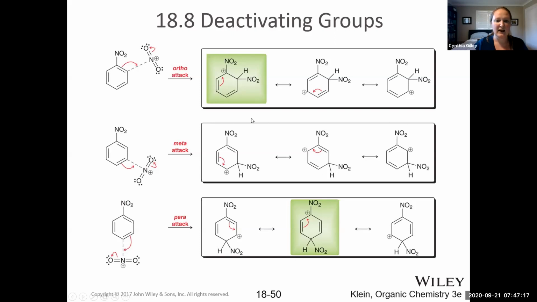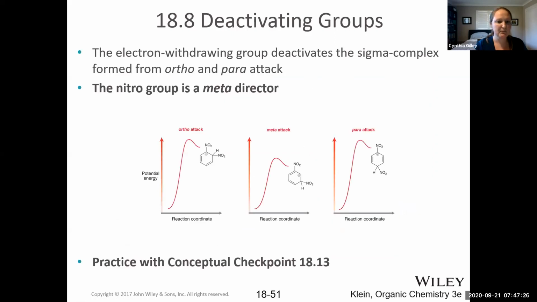It's not a very stable arenium ion, but at least it's not a very unstable arenium ion like the ortho and para attack would form. So we say the nitro group is a meta director because even though it has a high activation energy, it's not as high as would happen from ortho and para attack.